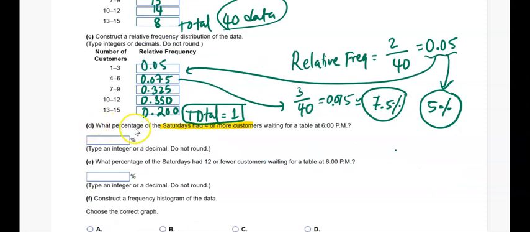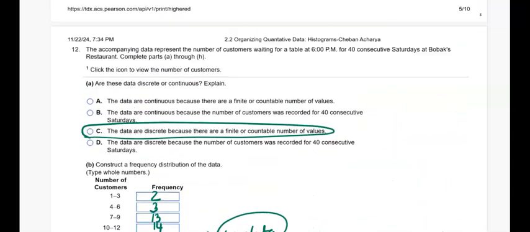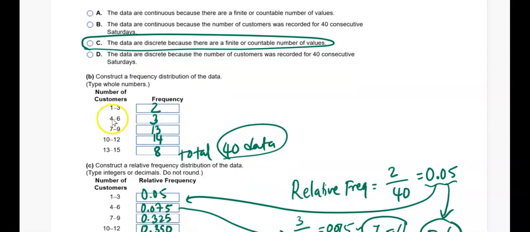Part D. What percentage of the Saturdays had 4 or more customers waiting for a table at 6 p.m.? If you look at this frequency distribution, notice that in 3 Saturdays there are 4 to 6 customers waiting.